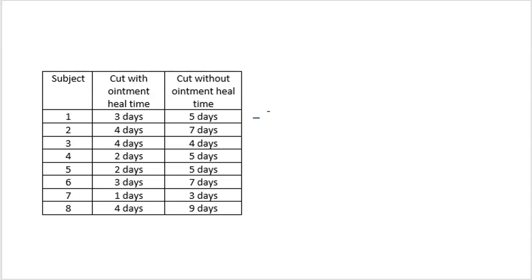So we got -2, -3 days, 0, -3, -3, -4, -2, and -5. So other than one subject had the same heal time for both arms, 0, so that's why difference of 0, but everybody else had the cut with the ointment heal faster.